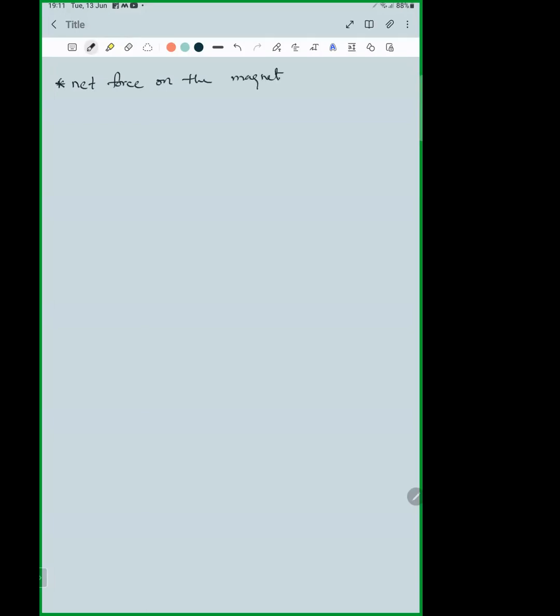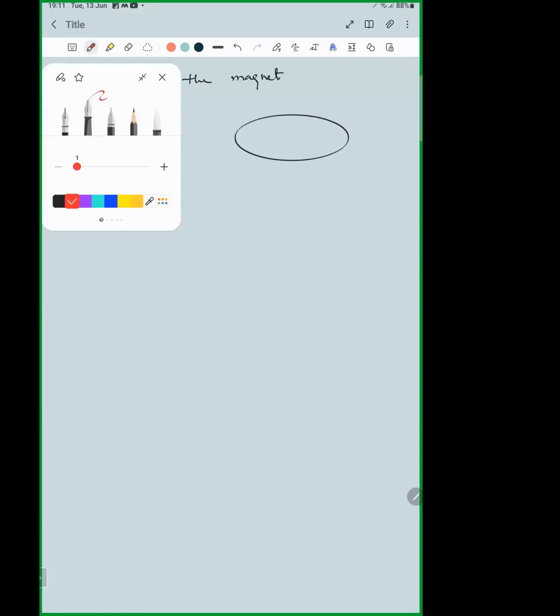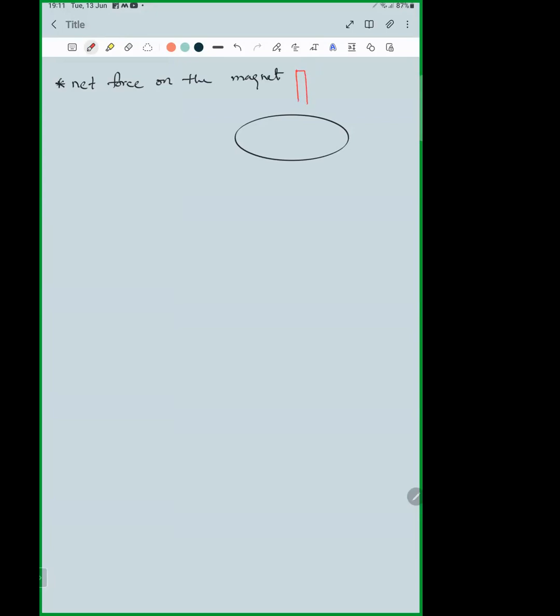So the net force acting on the magnet. Suppose here I am going to consider a coil. This is a coil. Okay, so over this coil you are going to drop a bar magnet. See, it has a north pole and a south pole. So actually the weight of the magnet is acting vertically downward, that is mg, which is acting towards the center of the coil.